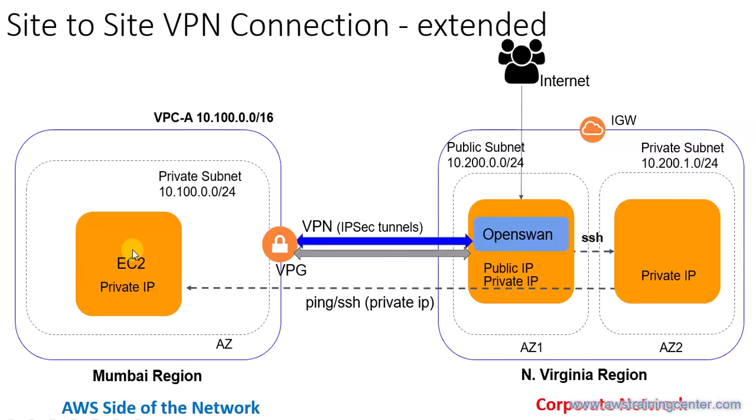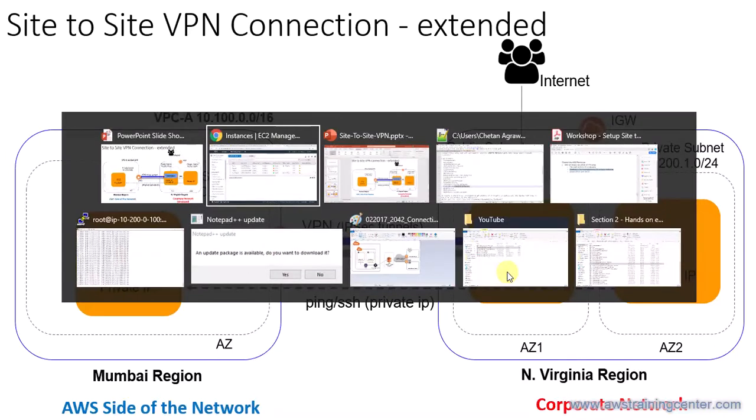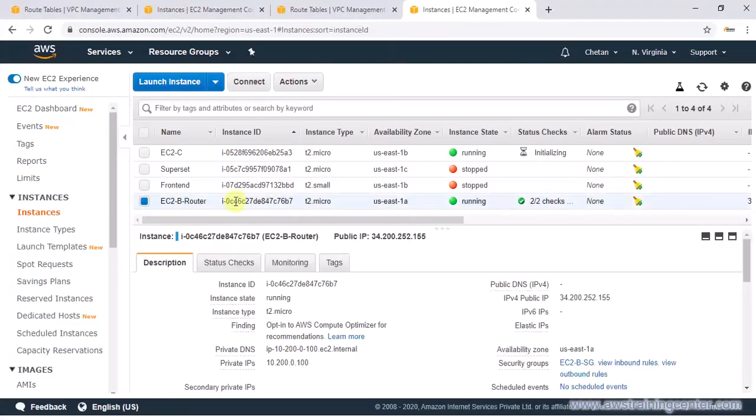That means return traffic will always flow through this router in between, and EC2s are designed in such a way that by default they will only accept the traffic which has itself as either source or destination. That means it won't accept the traffic if neither source nor destination is this EC2 machine. But here it will act as a router, and that's where we need to disable the source destination check setting on this Openswan server, and that's what I'm going to do.